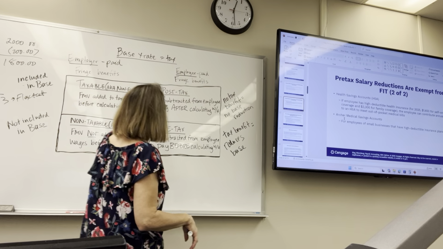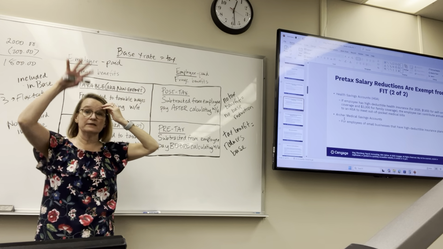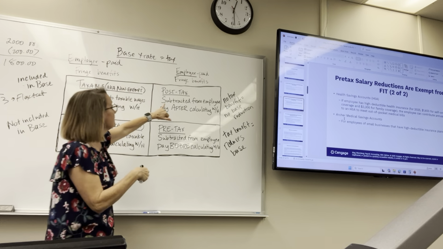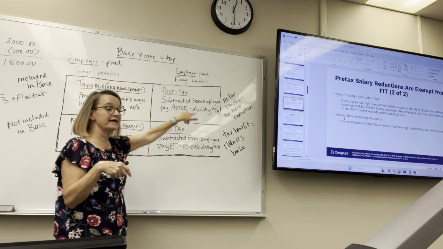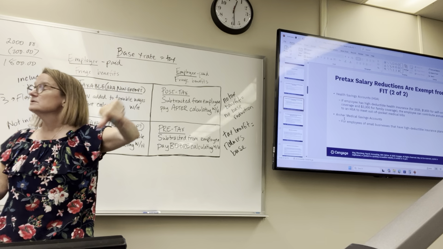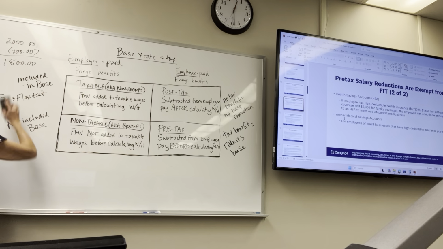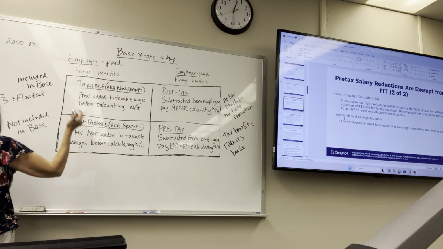There are some that are post-tax, which means in the sequence of our calculation, we're going to subtract those benefits after we calculate the withholding. So we have $2,000 of wages, and this is our base. We don't have any subtractions.